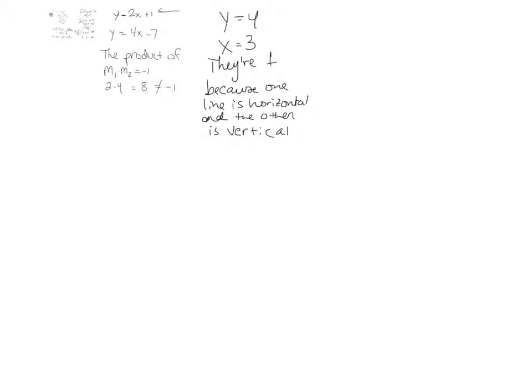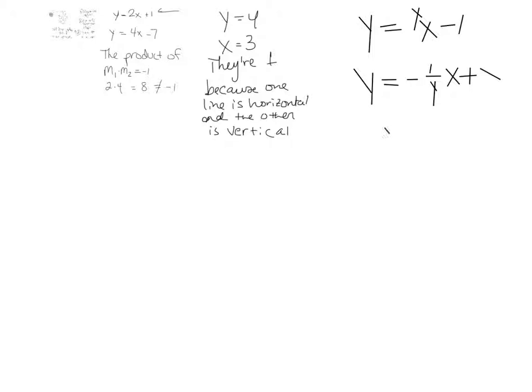How about this? We have y equals 4x minus 3 and y equals negative 1/4 x plus 2. We haven't done a bunch of examples on perpendicular yet, but to prove two things are perpendicular, you multiply their slopes and the numbers should come out to be negative 1.